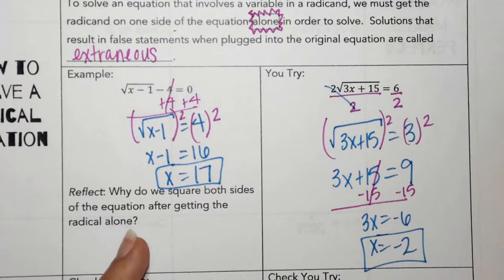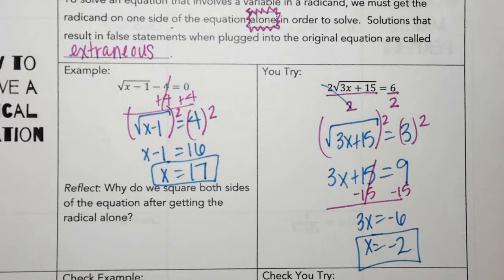Now, why do we square both sides of the equation? Right, and what's that called?